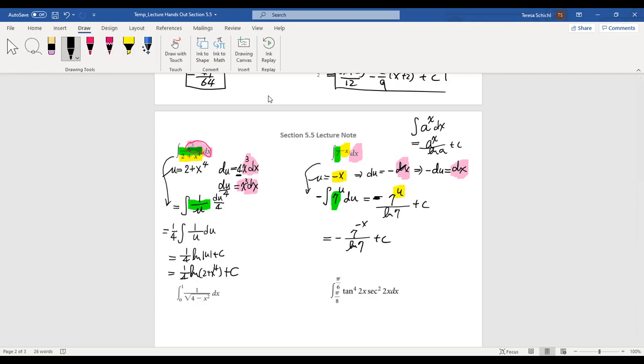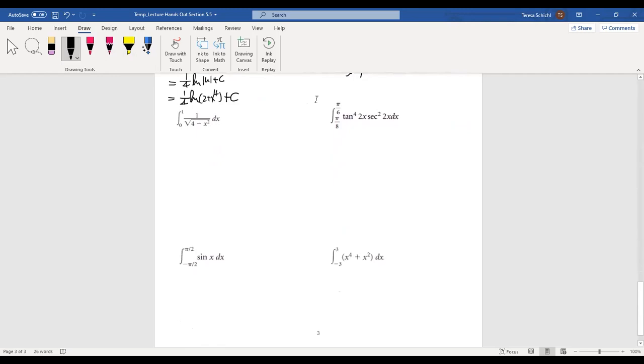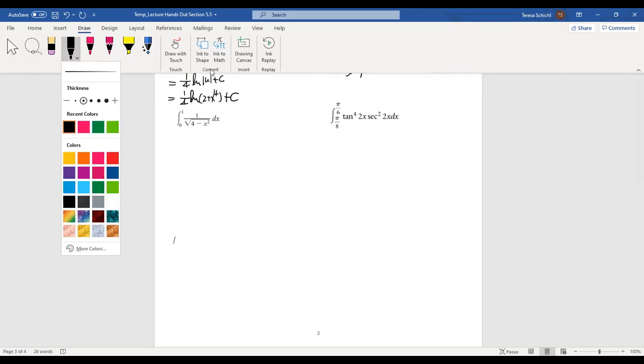Now let's take a look at this one here. So this one is a little bit complicated, but immediately you recognize, oh, this is very similar to the basic formula we talked about.